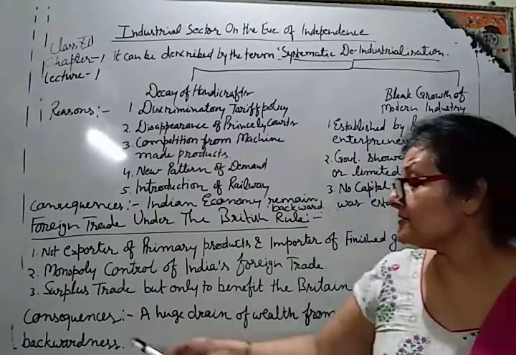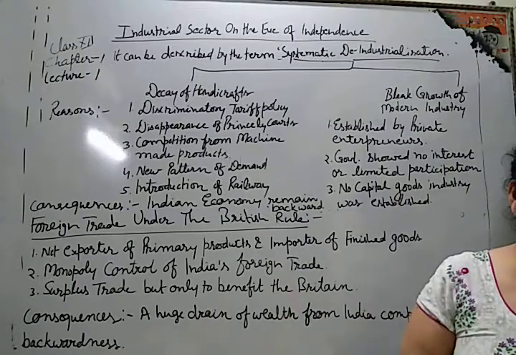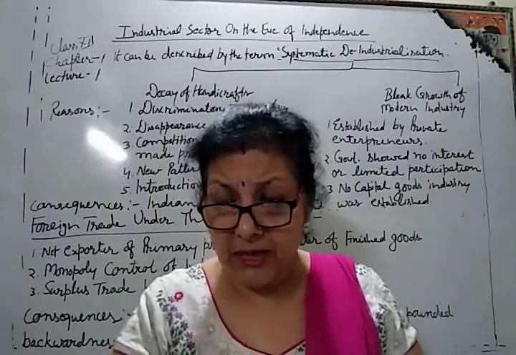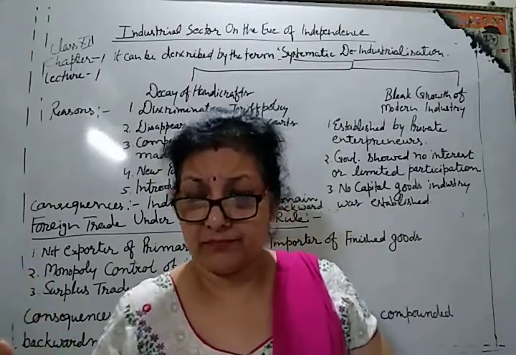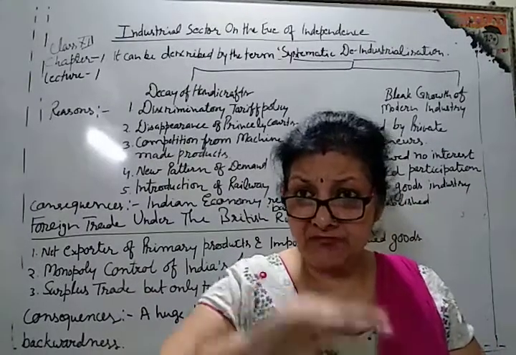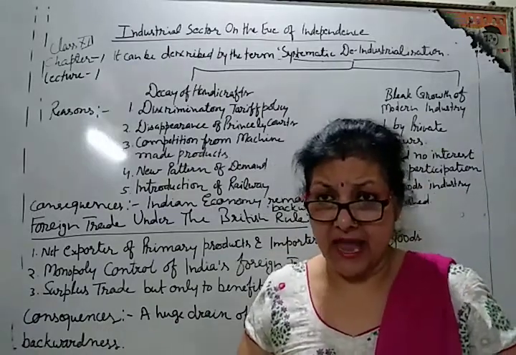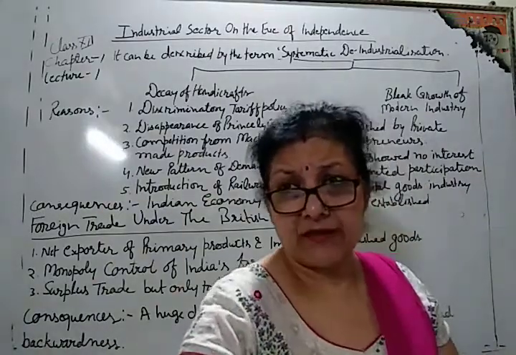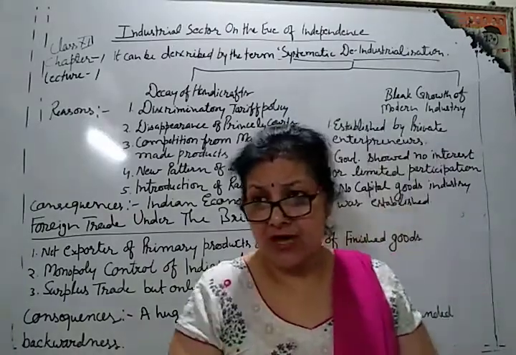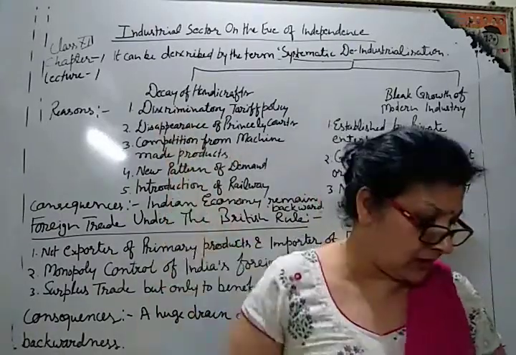The third one is surplus trade, but only to benefit the British. During the British rule, balance of trade was in favor of India, meaning our export exceeded import. But this was not for the growth and development of the Indian economy.